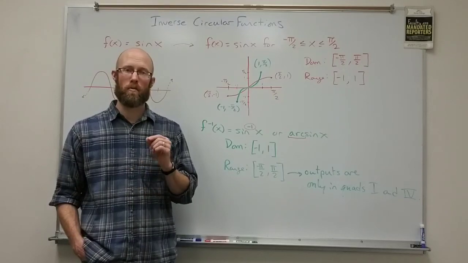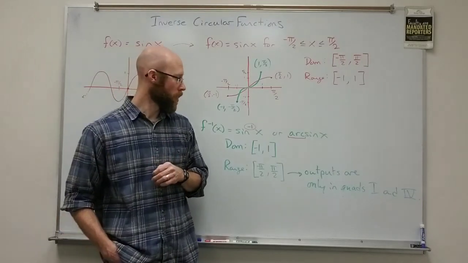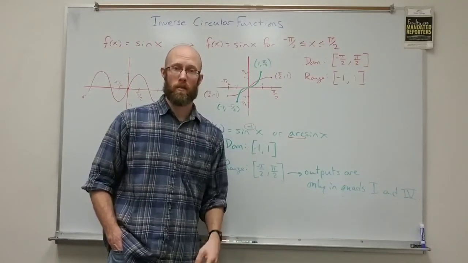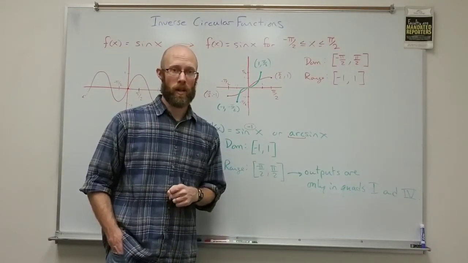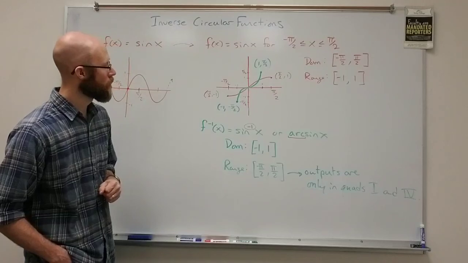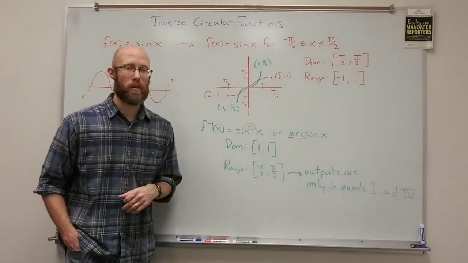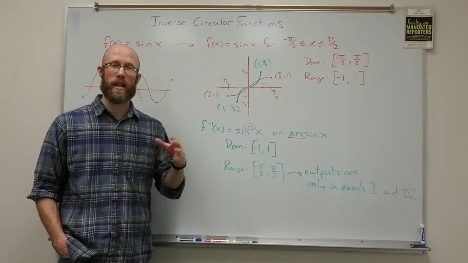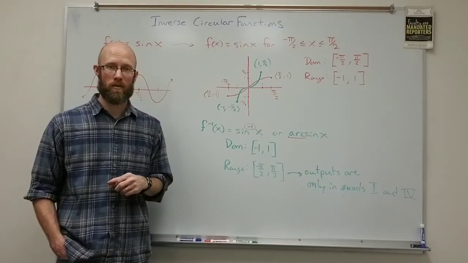That's going to be an important part moving forward. For right now it's just a note, but I'll be coming back to it regularly. I think we'll move on to the next video to address the cosine and the tangent, some of the other trig functions.